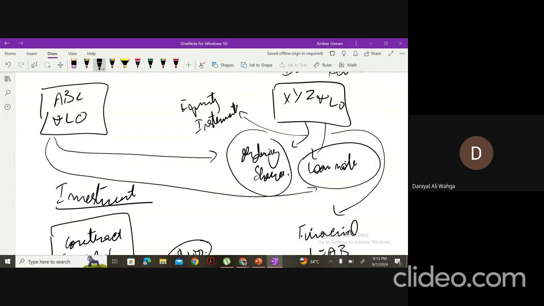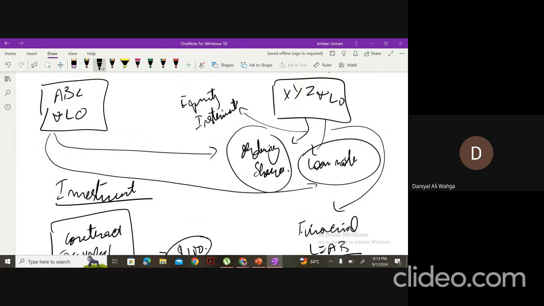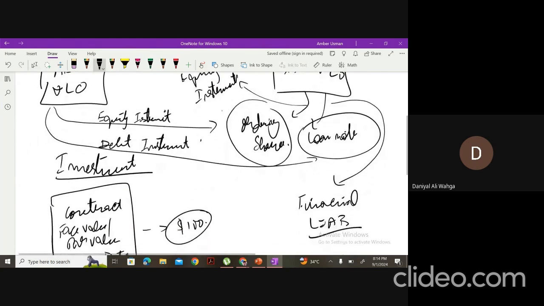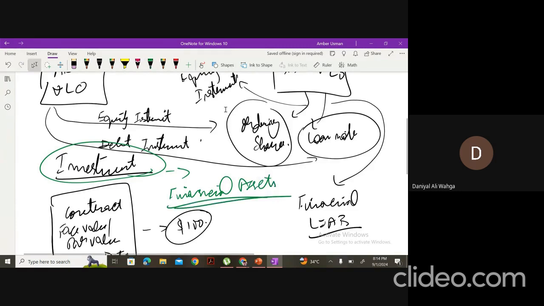These investments are in the form of equity instruments, and these investments are in the form of debt instruments. So basically, these investments are also known as your financial assets.